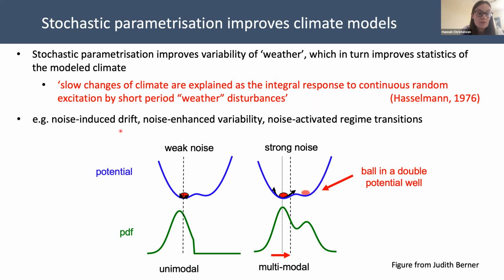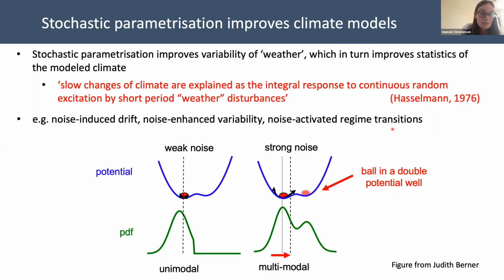And this could be through a number of different routes. We see, even if we put in a zero mean stochastic perturbation, we see drifts in the model, so changes in the mean state. We see changes in the variability, and then also other nonlinear processes like noise-activated regime transitions.